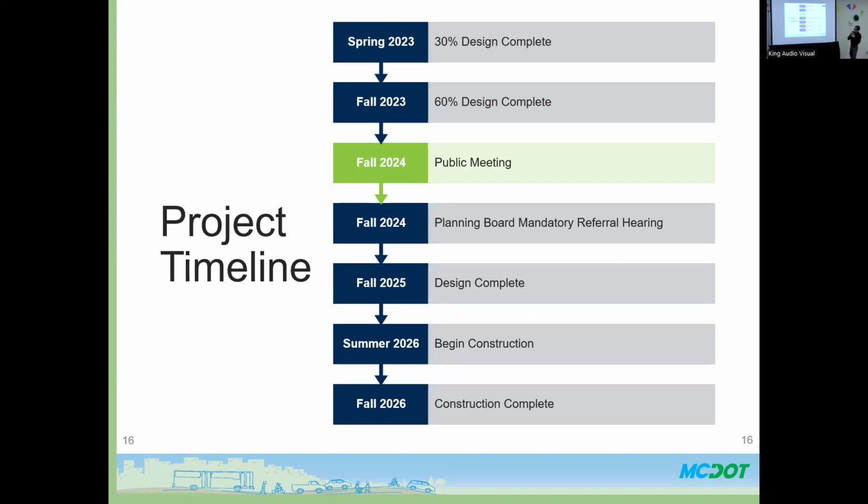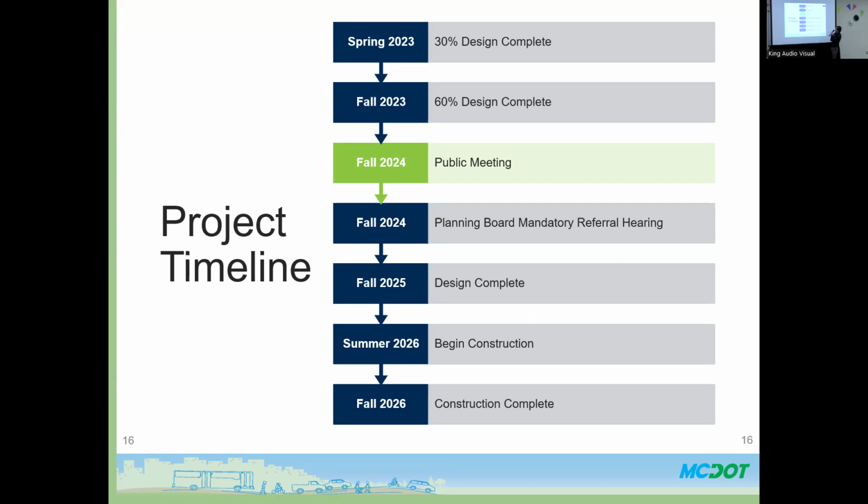Thank you, Michael. All right, so earlier we touched a little bit on the construction sequence of the different projects. This slide gives you a bit more in depth of what's going on with this project specifically.